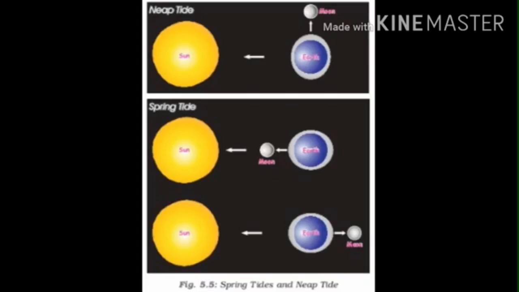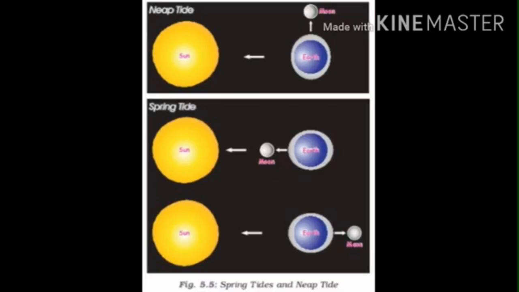The sea water rises and falls twice every day at regular intervals. There may be high tides or low tides. What is meant by high tides? Yes, when the water level rises, that means high tides. When the water level falls, that means low tides.